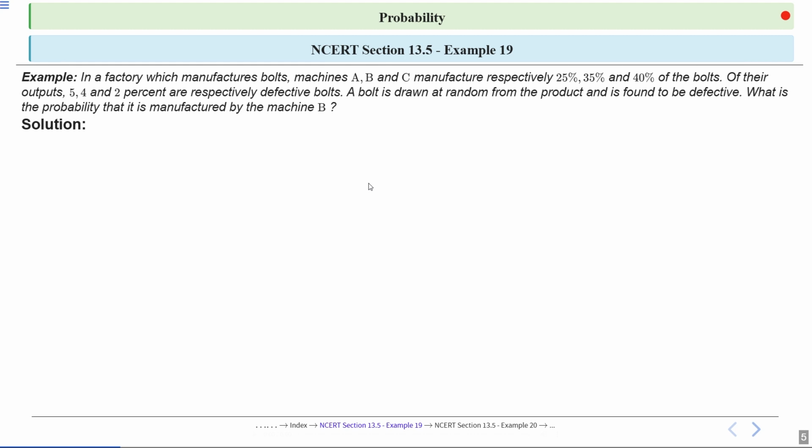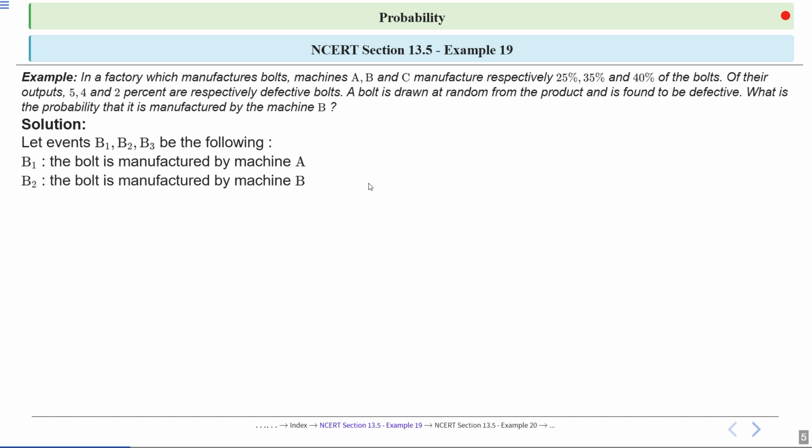Let's solve this example step by step. Let events B1, B2 and B3 be mutually exclusive and exhaustive events. This means they cover all possibilities and no two can happen at the same time. They form a partition of the sample space. B1 represents the event that the bolt is manufactured by machine A. It is a specific outcome in a sample space of possible manufacturing processes.